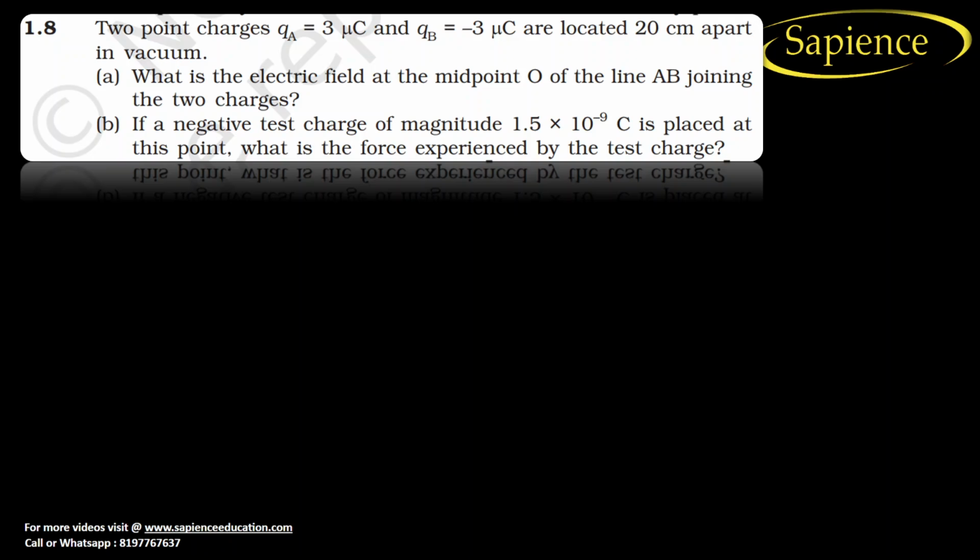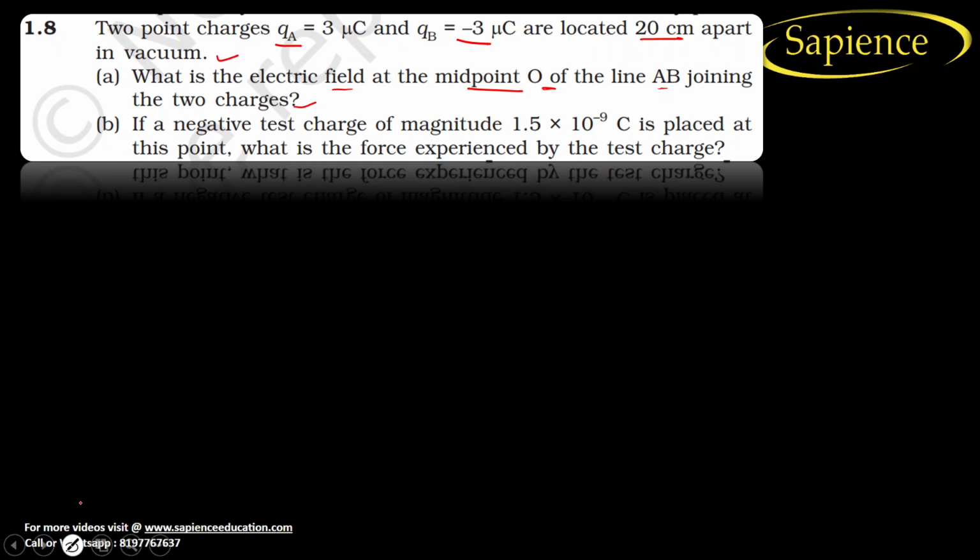In this question, they are asking that if there are charges qa and qb located 20 centimeter apart in a vacuum, what is the electric field at the midpoint O of the line AB joining the two charges?